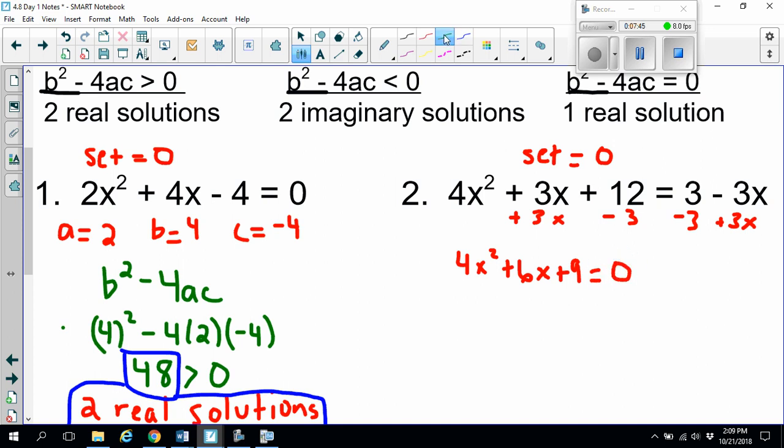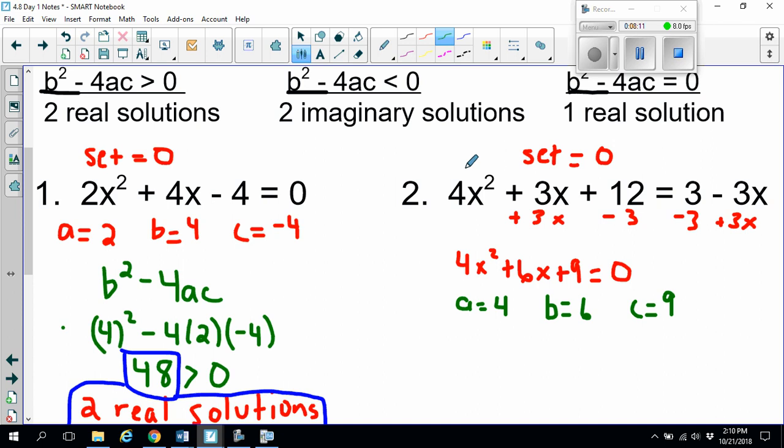Now that I have set this equal to 0, I can identify my A, B, and C values. So remember, A is the one in front of our x squared, which in this case is 4. Our B is in front of the x term, which in this case is 6. And our C value is always the constant, so the one without a variable, and that's 9 this time.